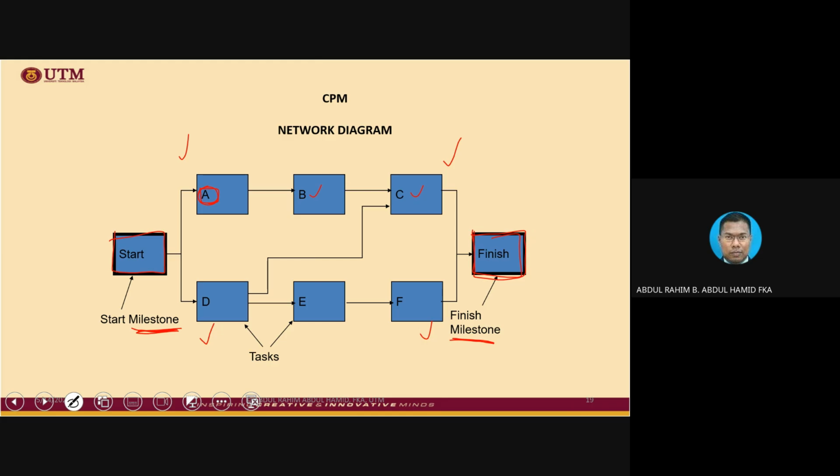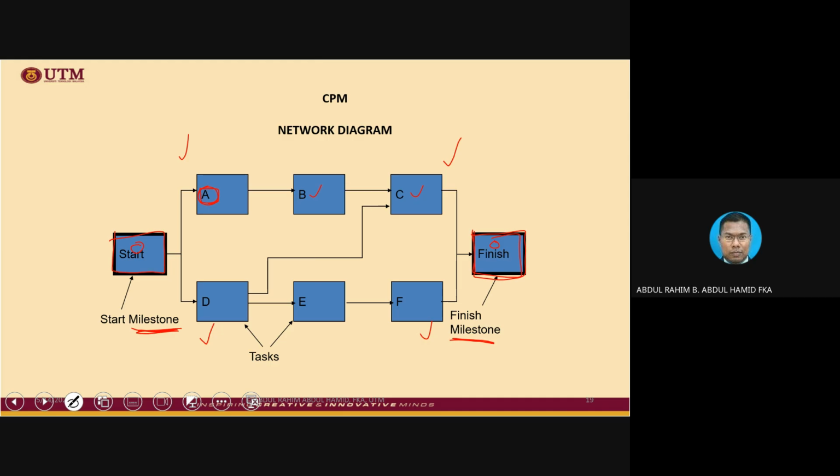Starting and finishing milestones do not have duration. They have zero duration. This is another example of activity that has zero duration. Remember, the dummy activity also has zero duration.